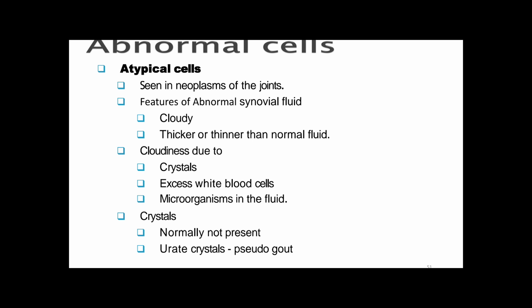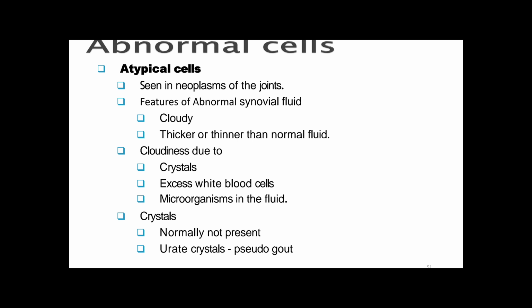In previous cases, when you consider joint fluid, so synovial fluid, you can see normal cells, and some problem may happen due to an infection, an inflammatory condition, or due to a neoplasm.